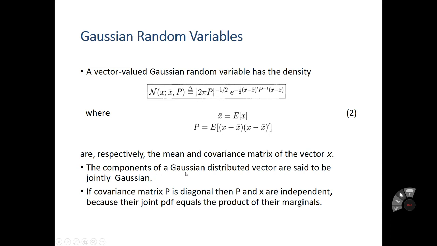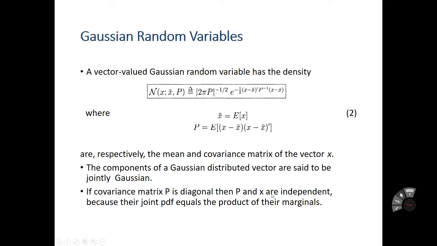The components of a Gaussian distributed vector are said to be jointly Gaussian. So if the covariance matrix P is diagonal, then P and X are independent because the joint PDF equals the product of their marginals.